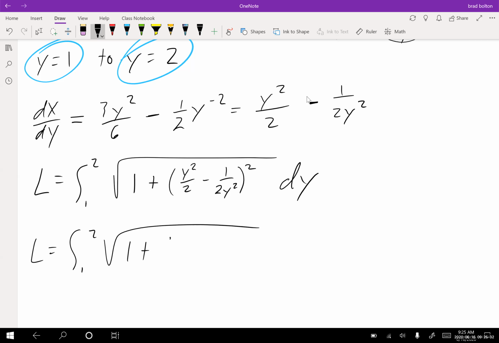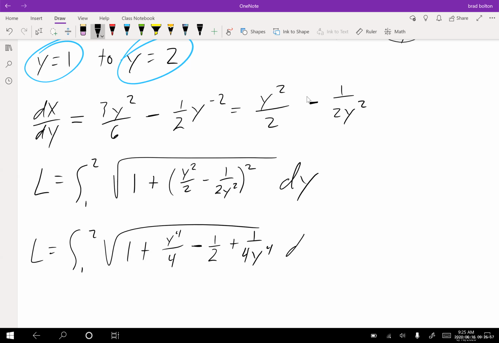So this would become y to the 4th over 4. The middle term would become minus 1/2, when you FOIL that out. And then this will become plus 1 over 4y to the 4th.